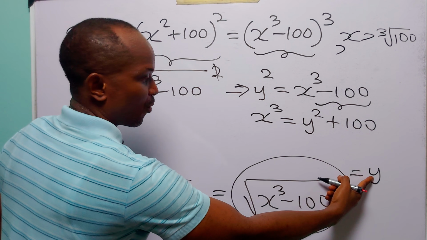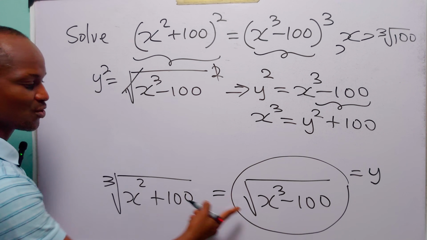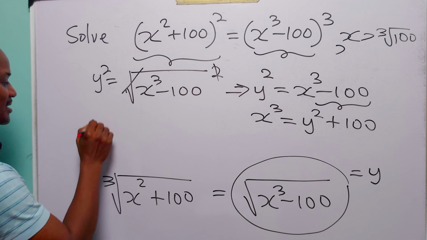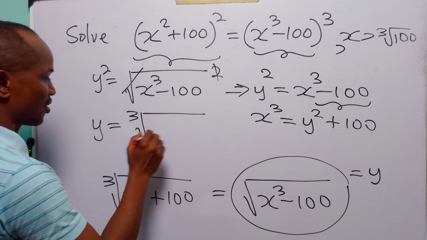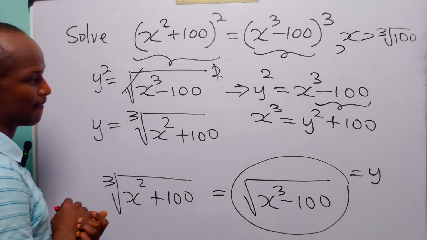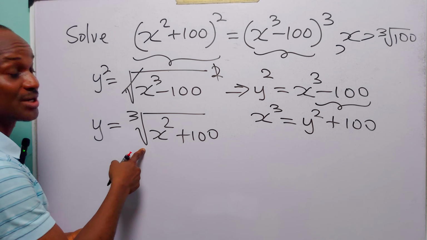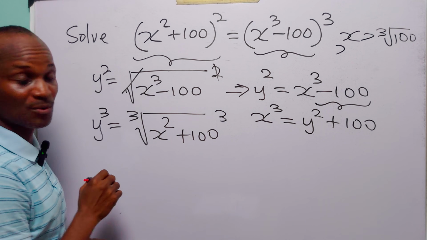Also, you know that y, that is this, is also equal to this. So from the original equation, we have that y is equal to the cube root of x squared plus 100. And of course, to get rid of this cube root, we cube both sides of this equation.